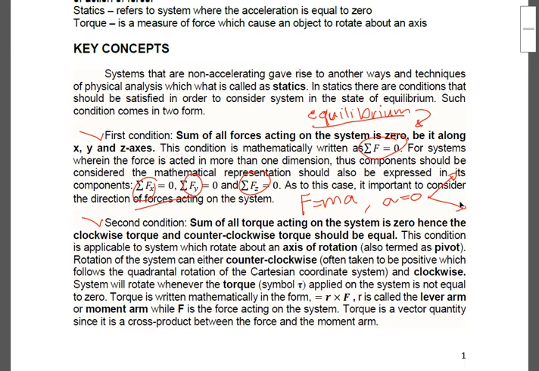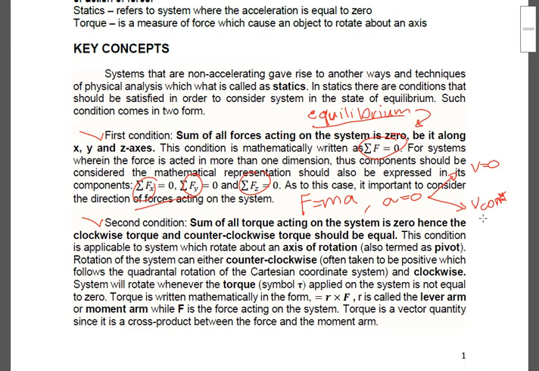Either velocity is equal to 0, meaning not moving, or the object has constant velocity. The object or system might be moving, but it should not be accelerating, so that the system can be defined to be in a state of equilibrium.